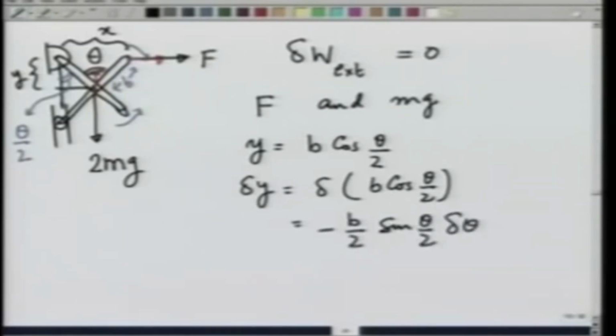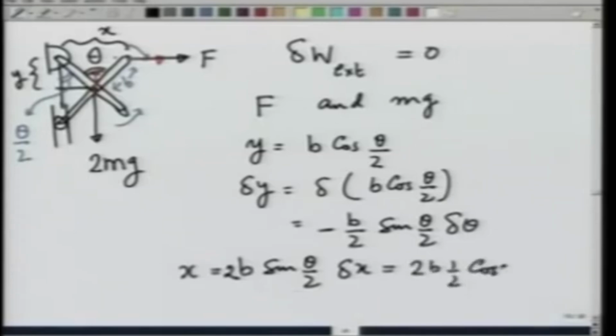This is the virtual displacement of the center point if I change angle to theta plus delta theta. Similarly, x is equal to b sine of theta by 2, this entire distance, and therefore delta x is going to be 2b times 1 by 2 cosine of theta by 2 delta theta, which comes out to be b cosine of theta by 2 delta theta.